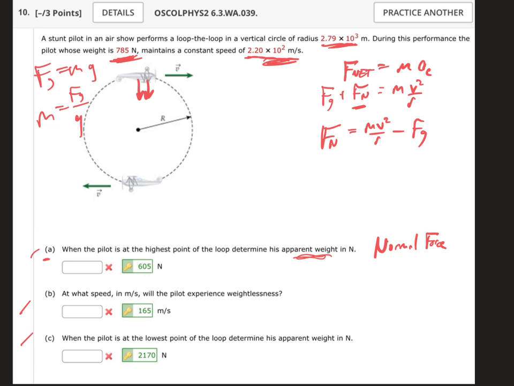The next part says, at what speed would the pilot experience weightlessness? So weightlessness means that the apparent weight is zero. So with everything else being held constant, I set Fn equal to 0 and solve for the velocity.